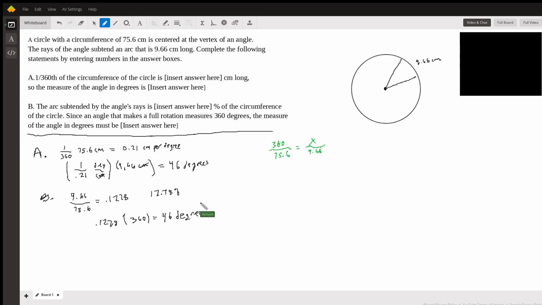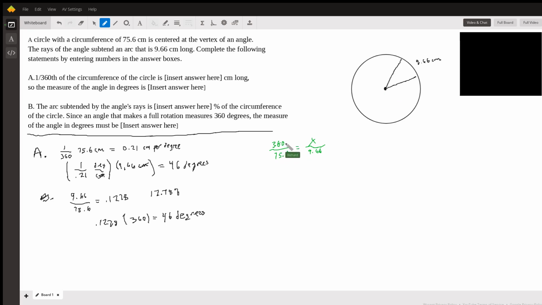I think the teacher here is just trying to give you different ways of thinking about this situation, but I really think the best way is what I showed you here in green. Just ratio, part is to whole.